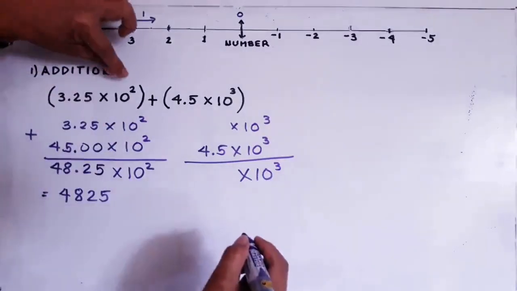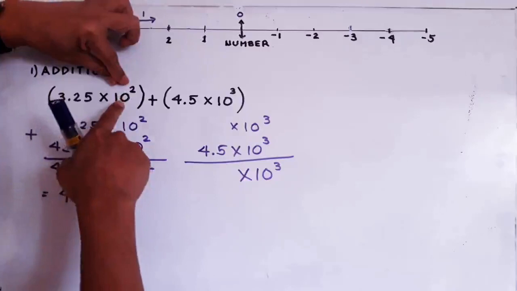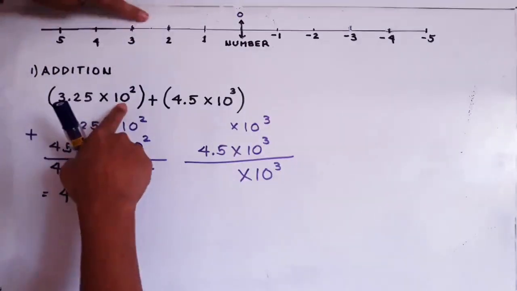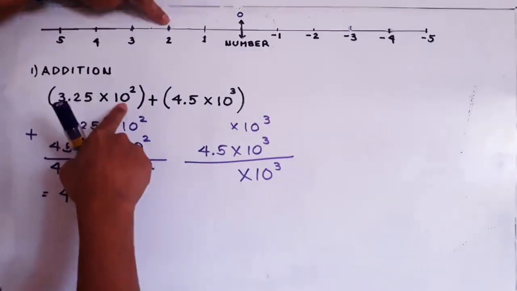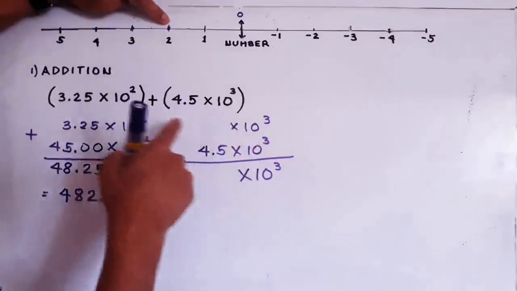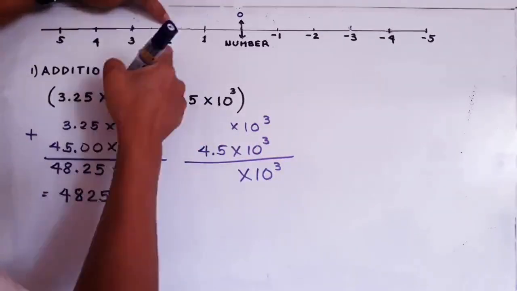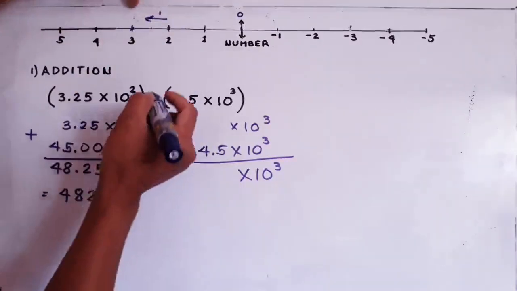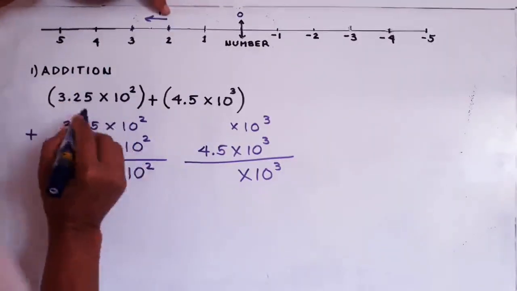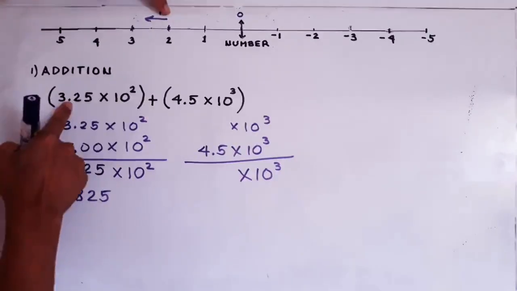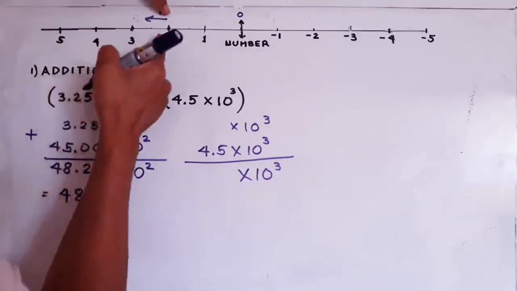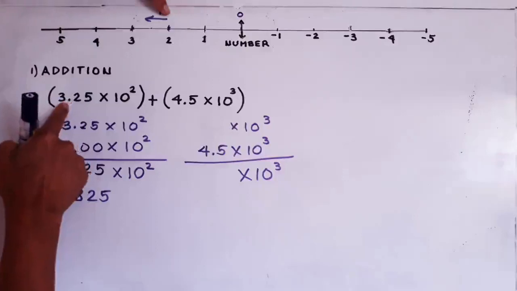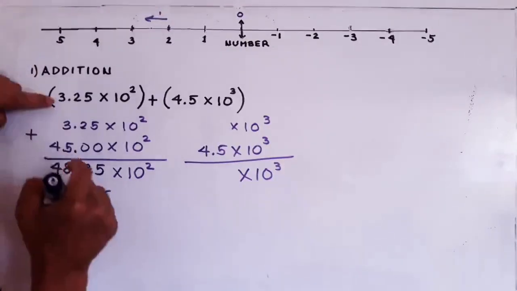Now, we need to replace this one. Where's the 2 here? The 2 is here. And we are going to make this one 3. So we will move 2 to 3. So we are going to move the decimal point 1 place, to the left. 2 to 3 is to the left, 1. So from here, it will become 0.325, right?